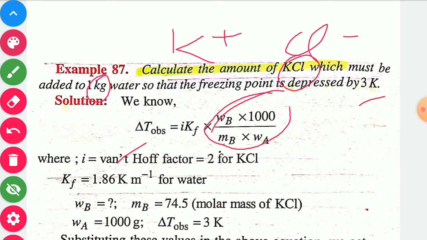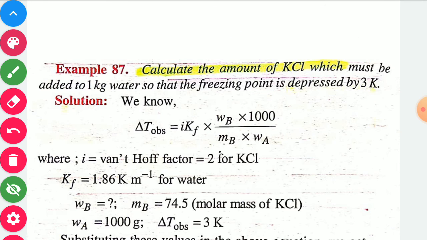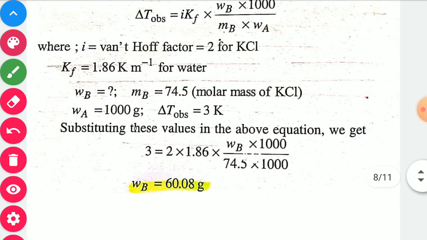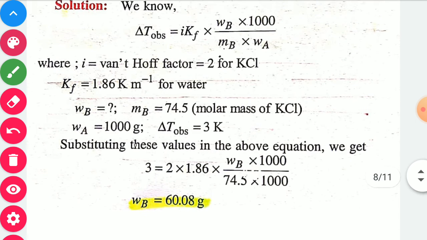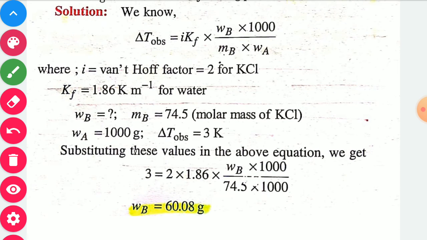WB we have to calculate, meaning the mass of potassium chloride. So substituting the values, delta T, that is depression in freezing point, is 3, which is equal to i, that is 2, into Kf 1.86, into WB we have to calculate, into 1000 upon MB.